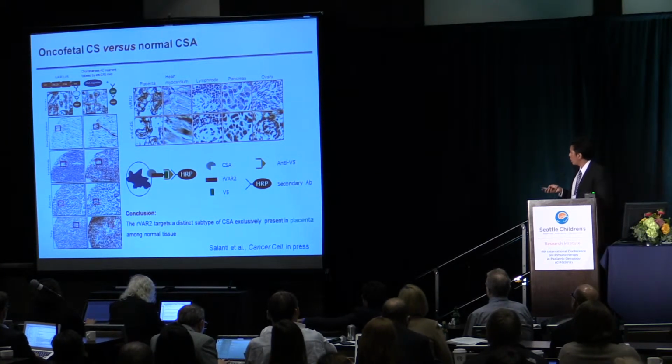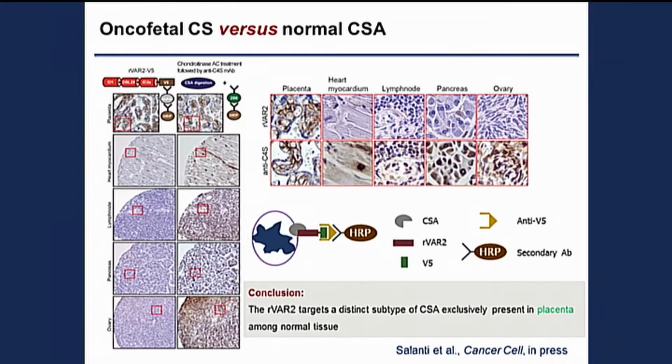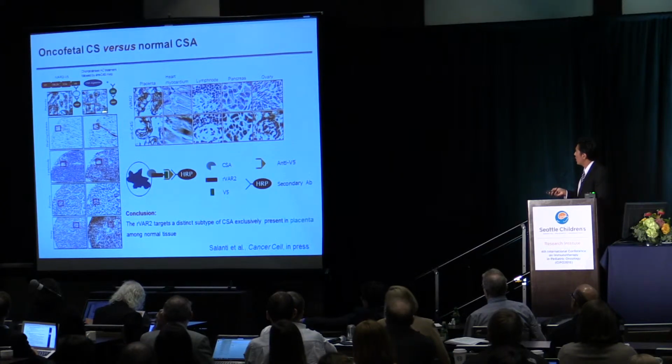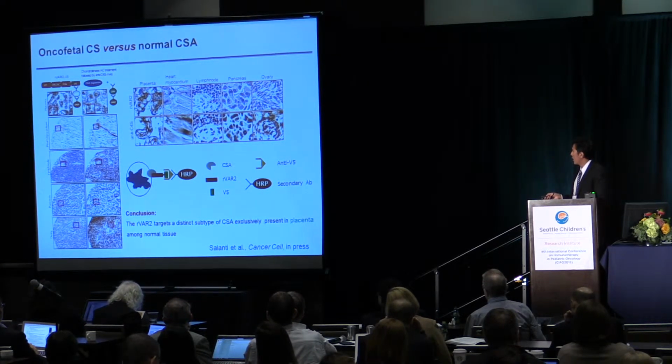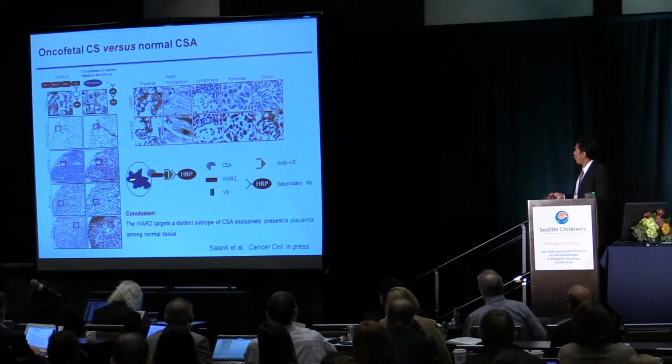When we compare these two bindings, such as in placenta, we can see binding with both antibodies, but normal CSA is expressed throughout the normal tissues, while VAR2 is exclusively present in the placenta among normal tissue. Here is the system we use for the detection: when a cancer cell or placenta has a CSA that the malaria VAR2 protein can bind, it can be detected by the V5 tag and secondary antibody reaction.